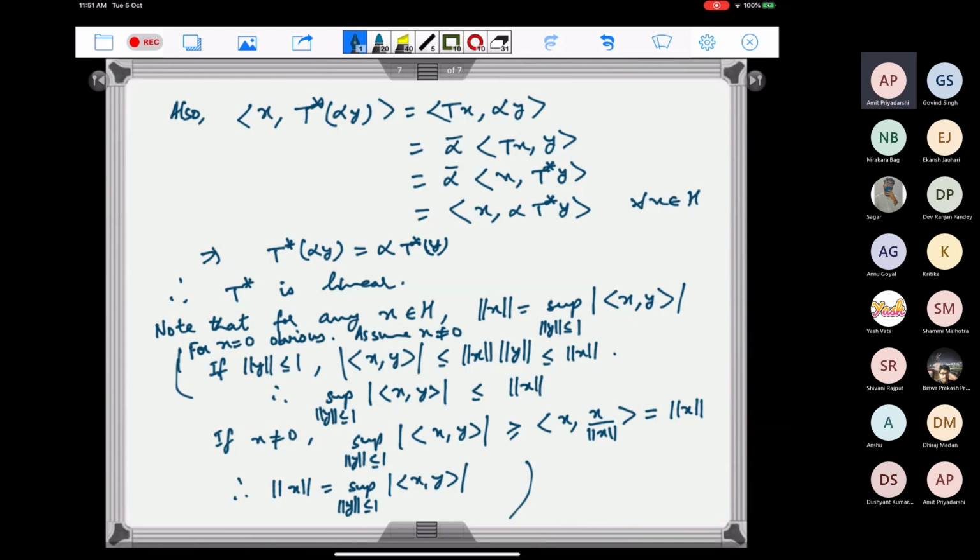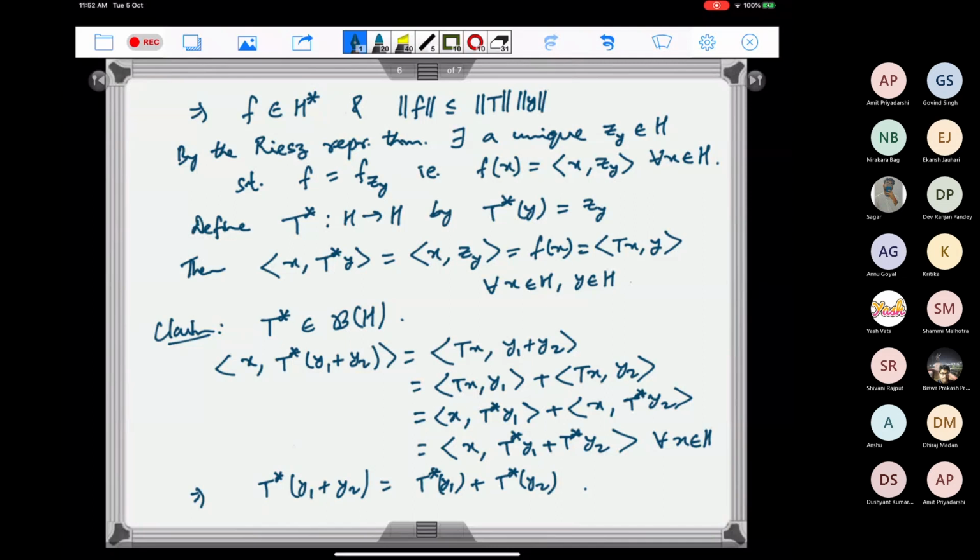So now let's look at what is norm of T star. Okay, one thing we already know that this T star y, that norm is norm of z sub y.